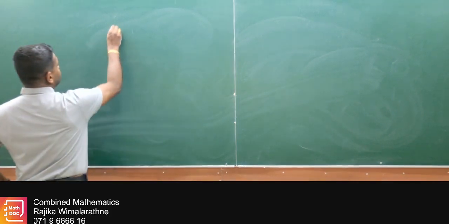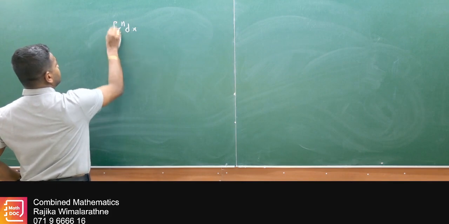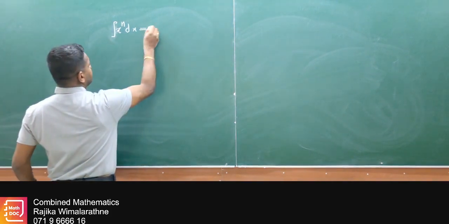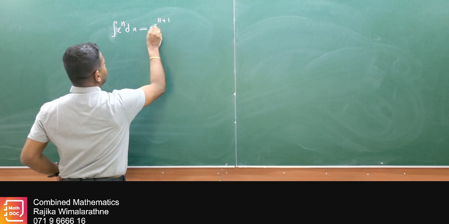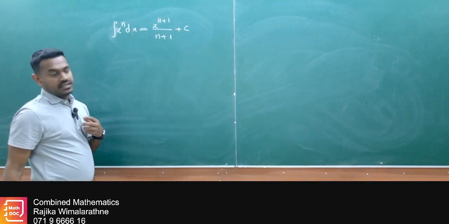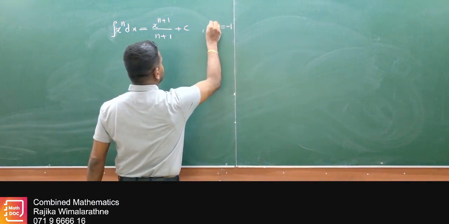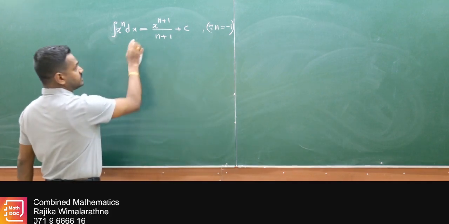Consider the integral of x to the power n. Here, the first one: we say this is x to the power n plus 1 over n plus 1, plus c. Here n not equal to minus 1. This is the first one.